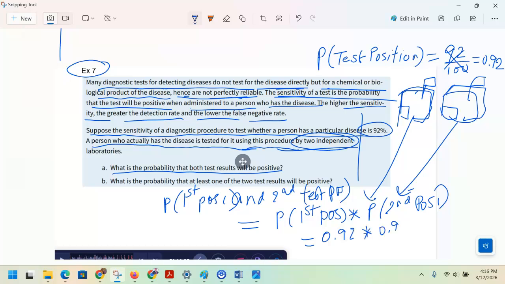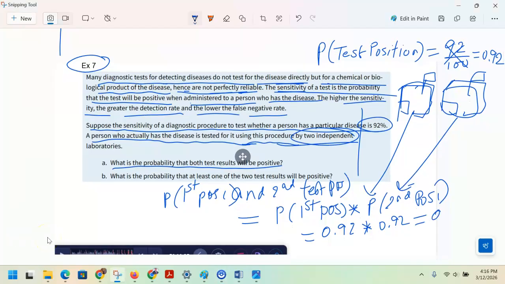So you just multiply these two answers and you end up getting 0.8464, which is almost 84.64%.